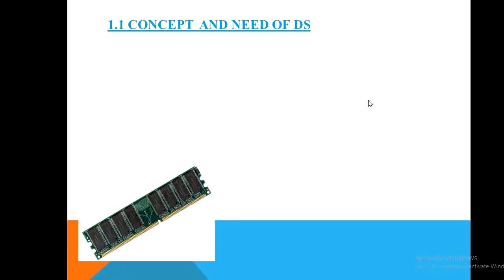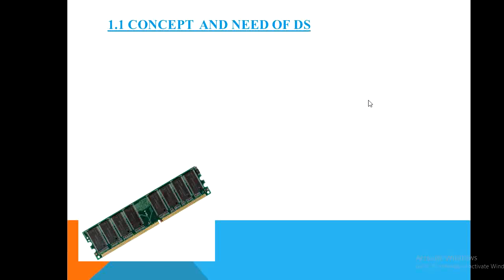Now we will see the concept and the need of data structure. Now we are in the information age, the data information age. We have to store a large amount of data somewhere in memory, but how do we store the data in memory, and how can we fetch it in the easiest way?